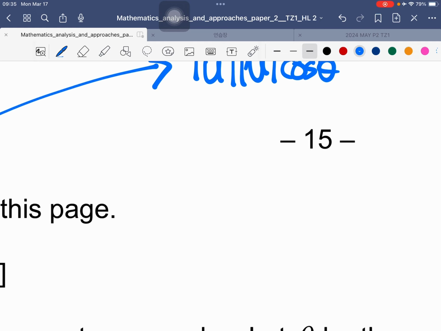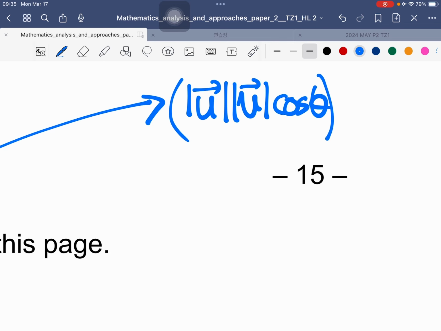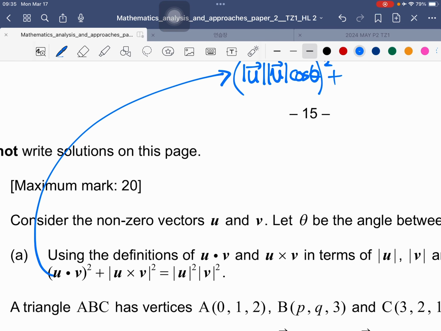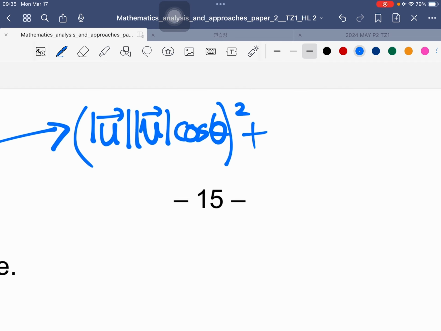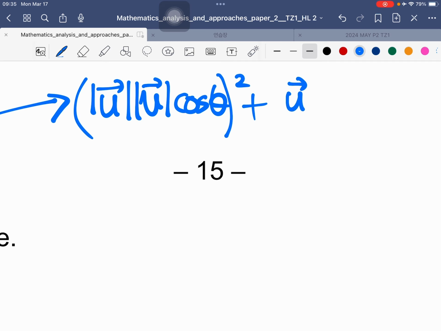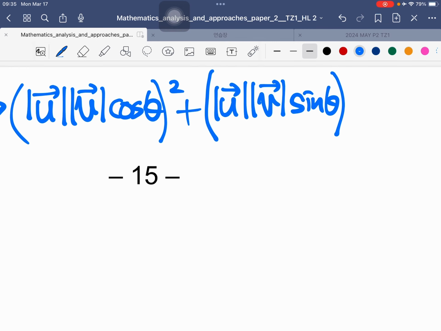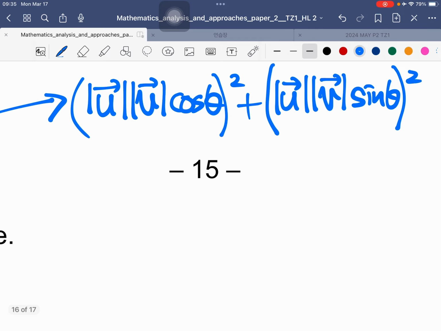So everything is squared, plus the definition of u cross v. Its absolute value is the area of the parallelogram created by u and v, which is the magnitude of u times the magnitude of v times the sine of theta. So this one is squared. Yeah, I need to show this.